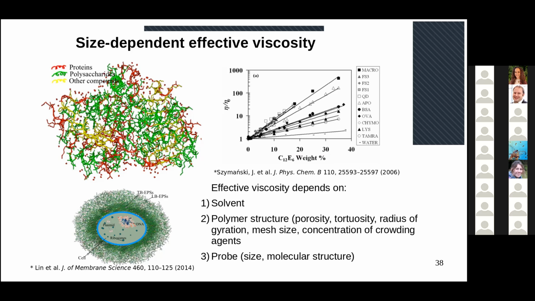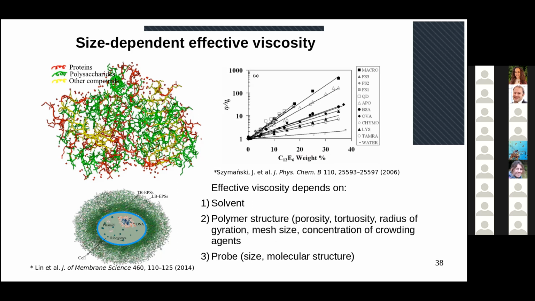This viscosity, what we call the effective viscosity, depends not just on the solvent, the seawater here, but also on the polymer structure in which this bead or probe is embedded, with its porosity, tortuosity, mesh size, no? And also on the size of the probe.